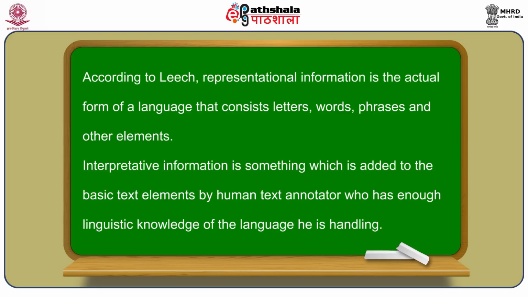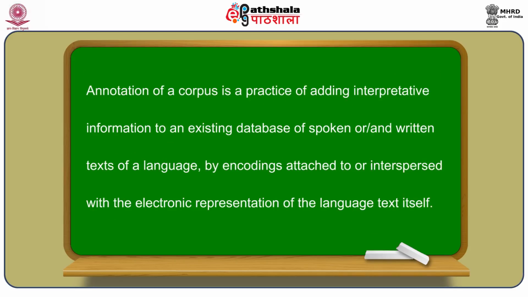We are further expanding the argument proposed by Leech. What we say is that a corpus can be annotated in two ways. In one part, we have additional, additive, interpretative information, which is called extratextual information, which is not available inside the text.